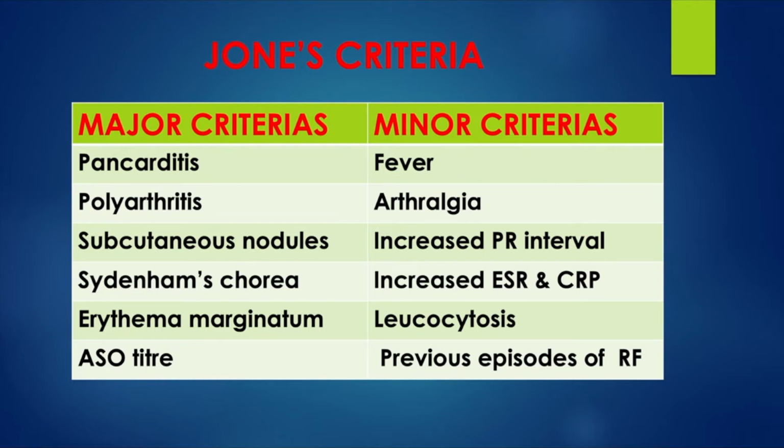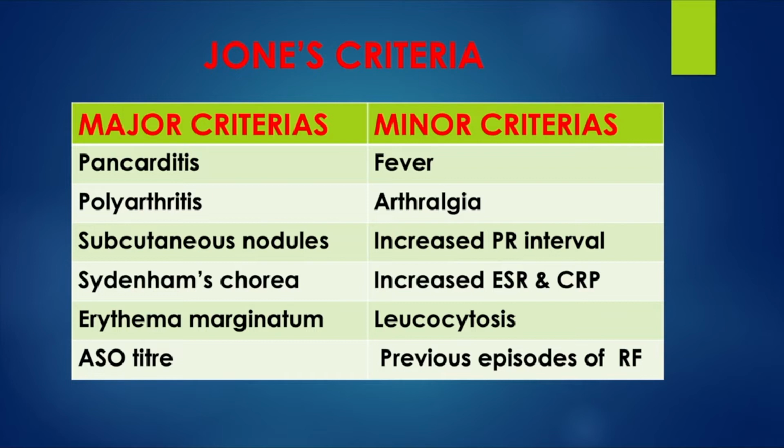Major criteria are pancarditis, polyarthritis, subcutaneous nodules, Sydenham's chorea, erythema marginatum, ASO titer.